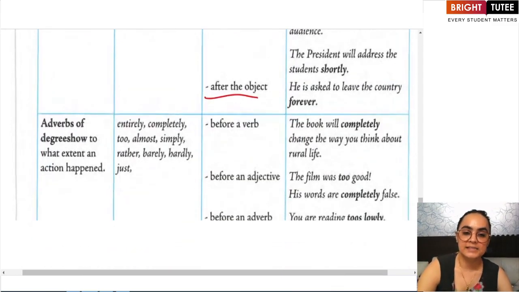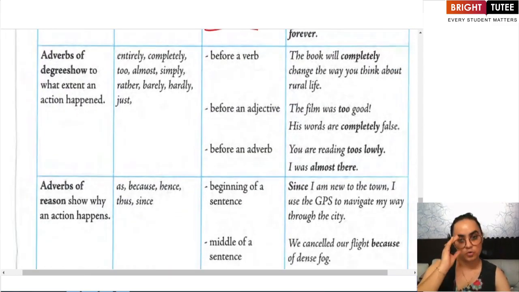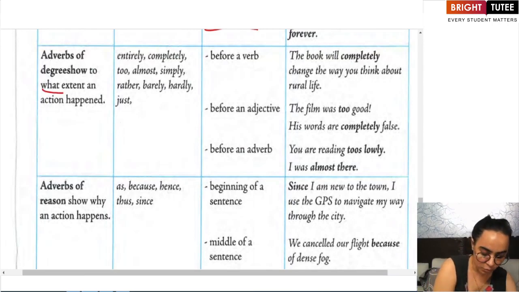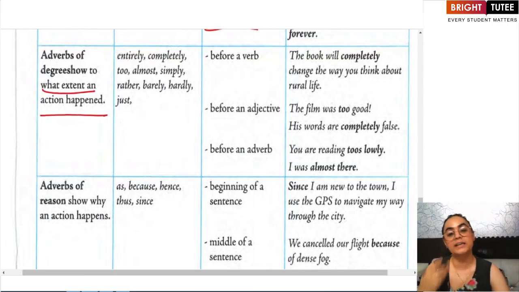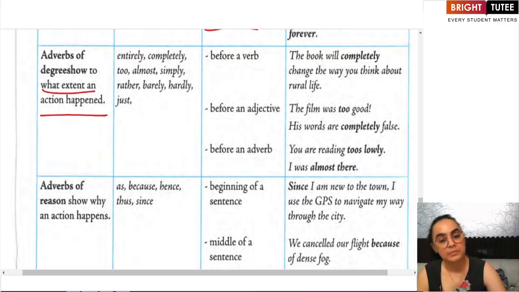The next type of adverb is to show to what extent the action happened. So the adverb of degree. Entirely, completely, extremely, simply, hardly, just. These are all the adverbs that show to what extent did the action happen.